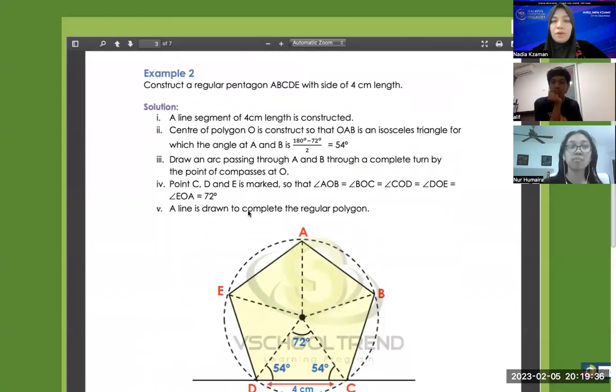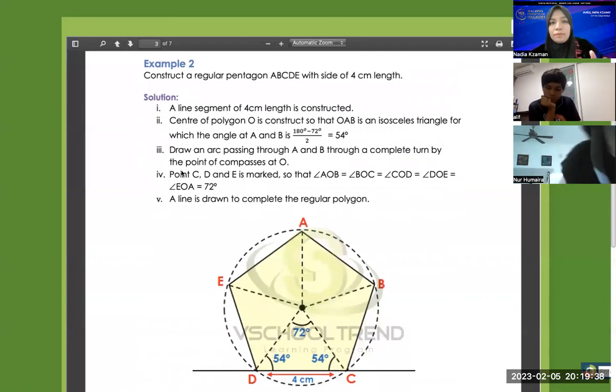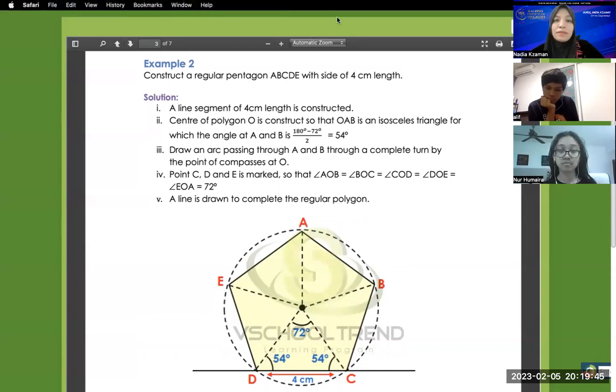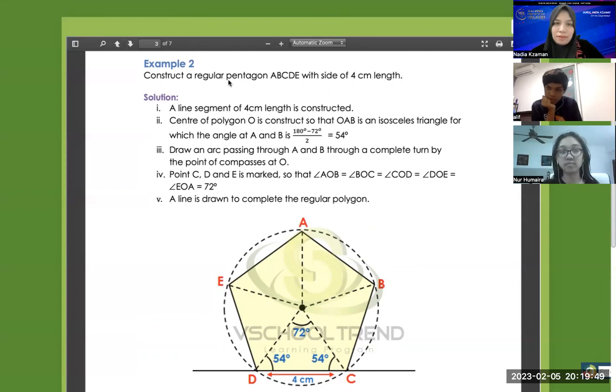Okay, so now for example 2, we need to construct a regular pentagon. How many sides do we have in a pentagon? Five. A pentagon with 5 sides, and we have 5 corners as well.